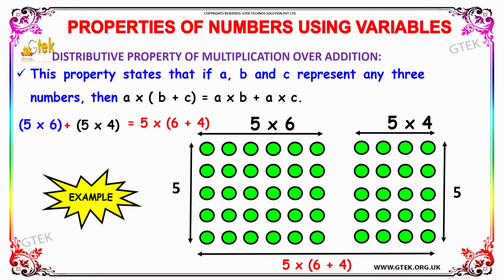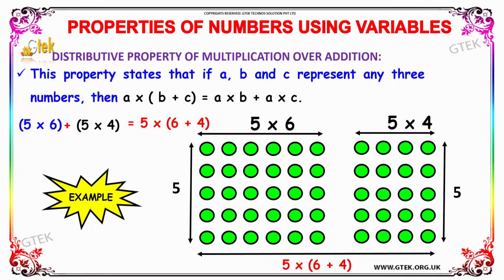So we'll see this one. A into B, that is 5 into 6, plus A into C. If you see the next side, we have A into B plus C. So the value of A as 5, B plus C, that is 6 plus 4.